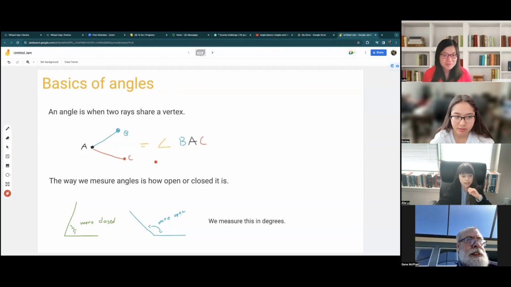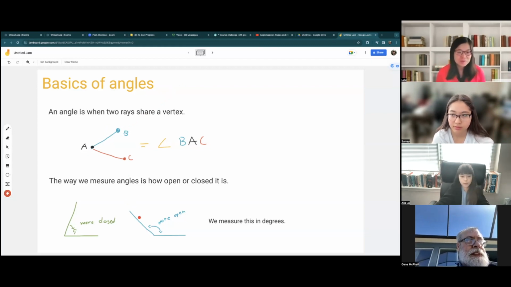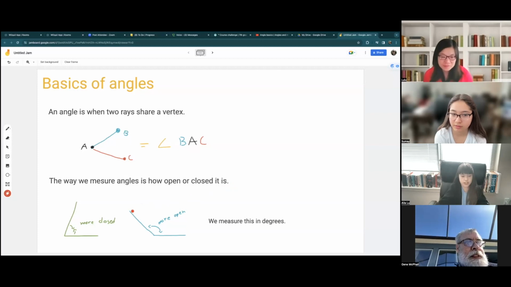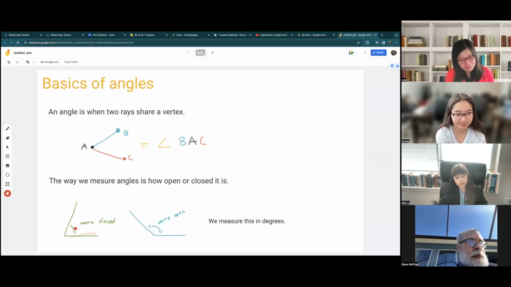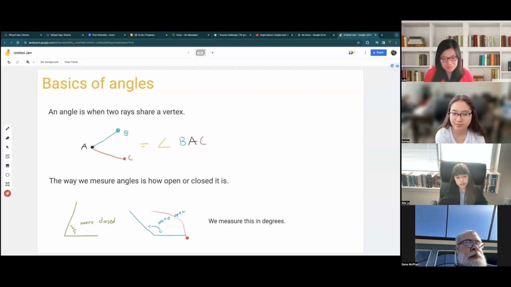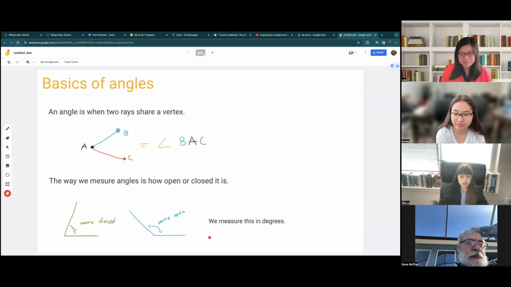Okay. So the way we measure angles is how open or closed it is. You can see this angle here is more closed, and this angle here is more wide open. And so we measure this in degrees.